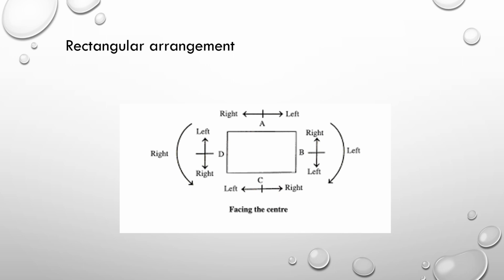You have to imagine yourself being at the position of A, B, C and D, and then you can imagine where the left and right directions are. Also, whenever the question is explained, the clockwise arrangement of the people and anti-clockwise arrangement of the people will be discussed.